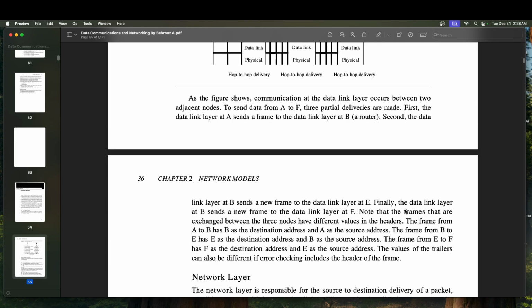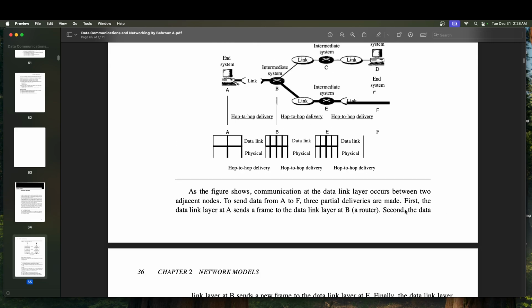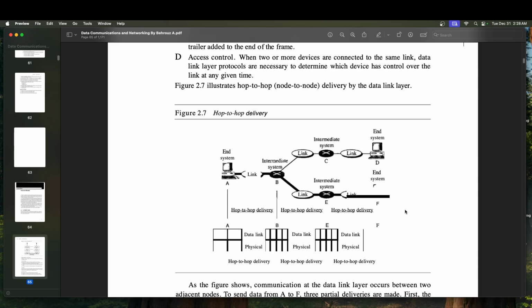Okay. Then comes the network layer. In data link we also say it is hop to hop delivery, because it will not go directly from the sender to the receiver; it will keep on hopping between various links.